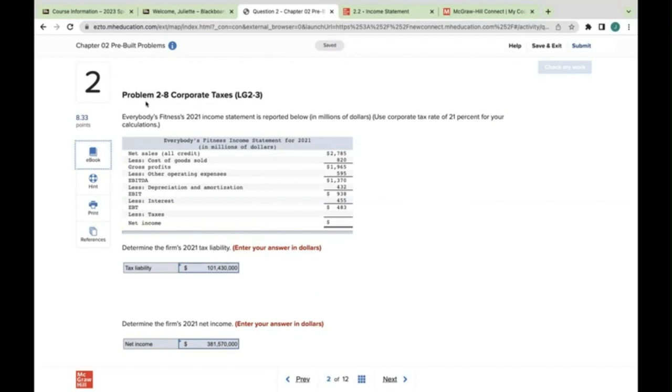In my example, this number is obviously greater than this because it includes depreciation and amortization, which is actually cash preserved, right? It's not cash spent, but cash preserved. So this is a bigger number.